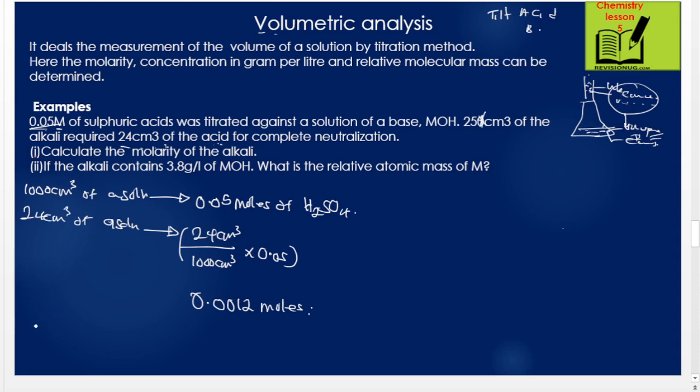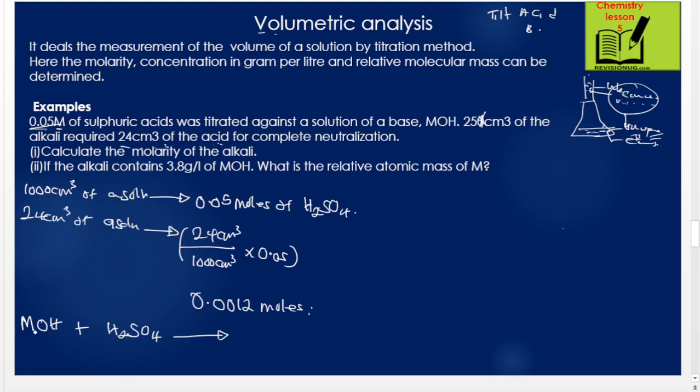At this level we need to get the molarity, but now these moles are for the acid. So let us write the equation. We are having our base, MOH, reacting with the sulfuric acid. Then when they react with the sulfuric acid, what are we getting?